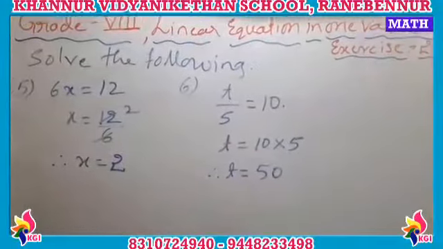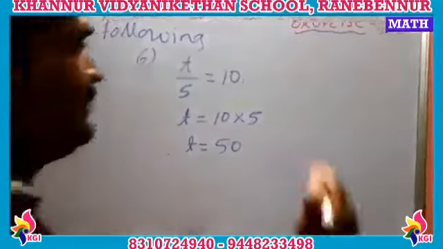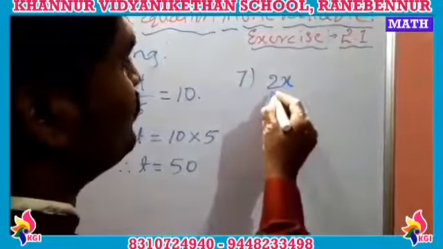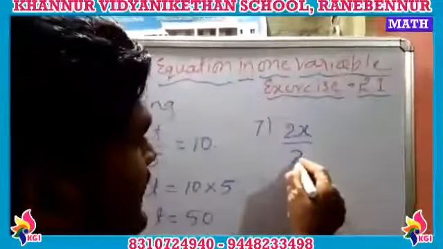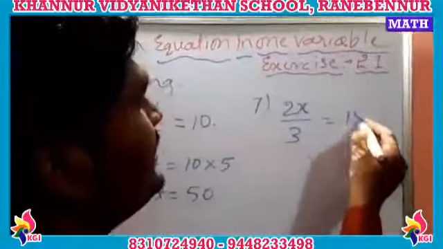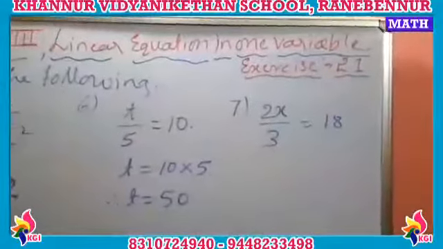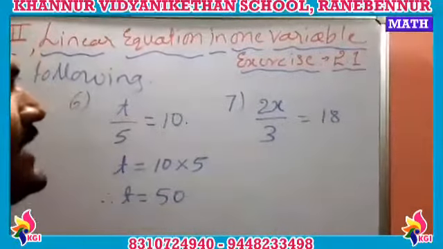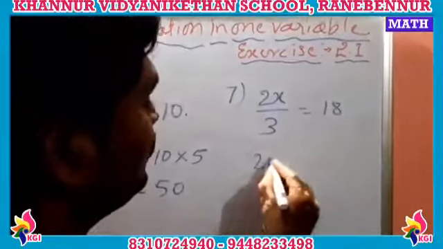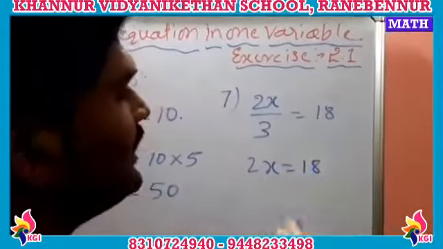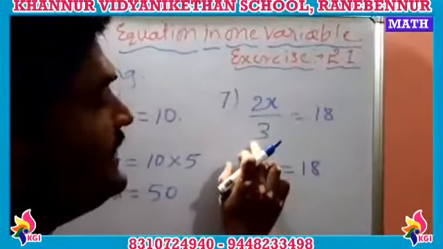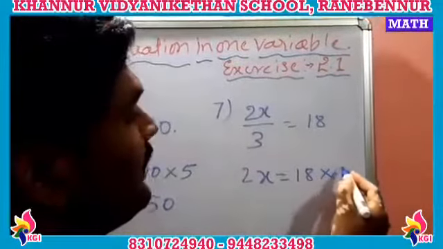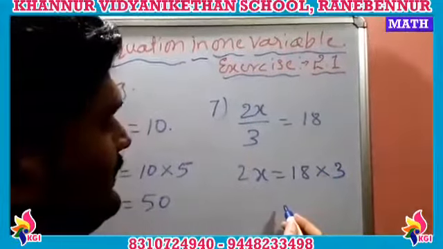Okay. So next we go for the seventh one. Very interesting here. Why? Because it is having 2x as a product, 3 as a division and 18 as the answer. So in this both the operations are combined. One we are supposed to do at a time. So I write 2x is equal to 18 as it is. I don't want to change it. The 3 is in the denominator. As I said, it should go to the other side, means it is going to become a product and goes to the numerator.